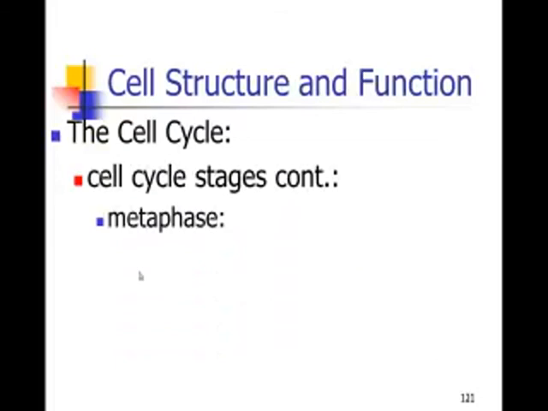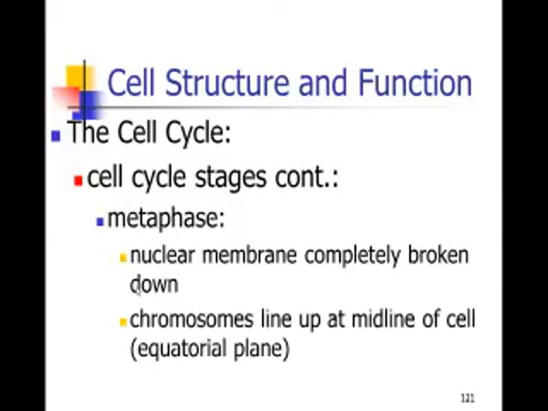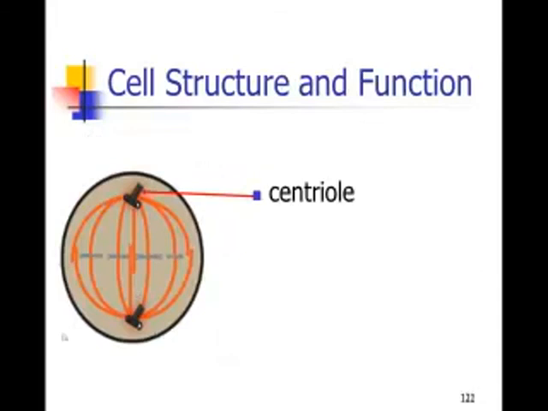Then we have metaphase. By the time metaphase comes around, the nuclear membrane is completely gone, so it's no longer containing the DNA. The chromosomes line up along the middle of the cell. This is sometimes called the equatorial plane. So here is the equatorial plane.